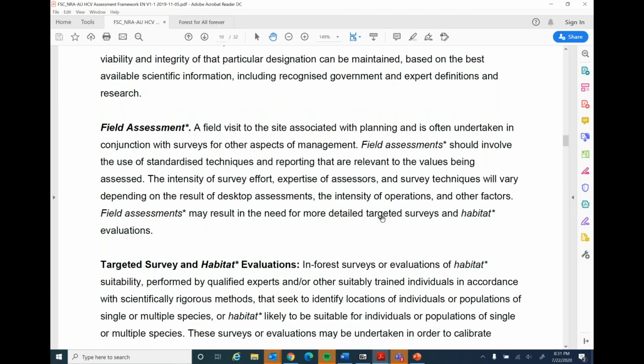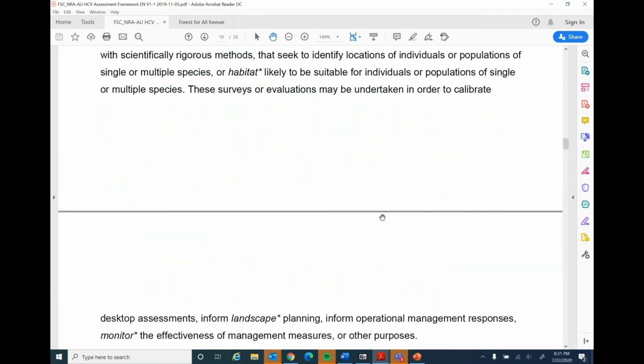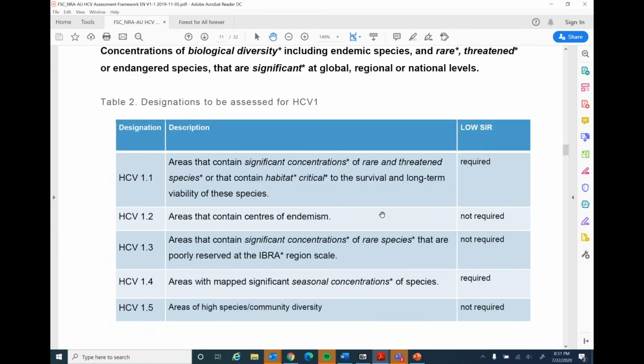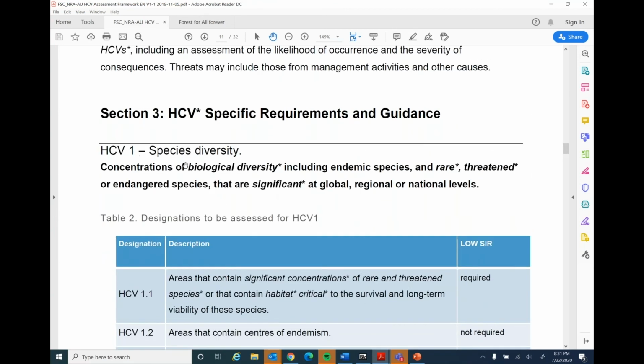So we're just looking through all the definitions here, and then we get down to the 6 high conservation values. And because the format really repeats itself for each high conservation value, I'll just try and show you how this one is built up, and then we'll dig into the actual high conservation value.